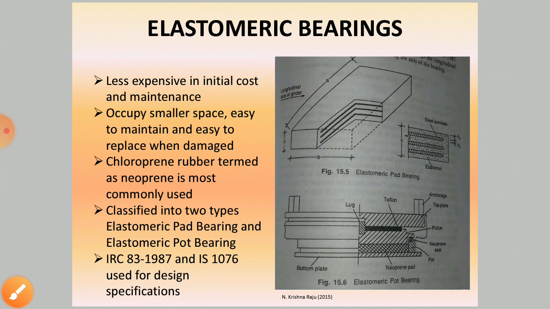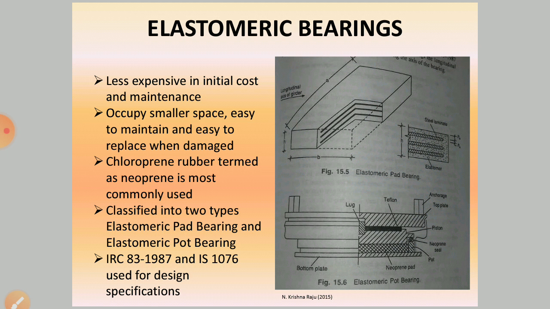Next, among expansion bearings, a very important one, elastomeric bearings. Actually, these are very inexpensive in initial cost and maintenance, occupy smaller space, are easy to install, and if they get damaged due to overstressing or any other calamities, we can easily replace them.